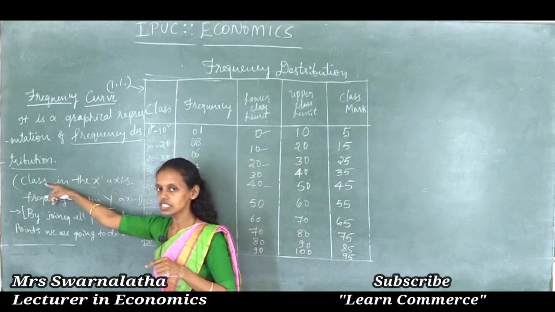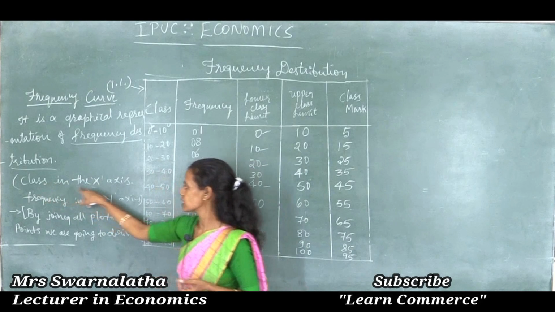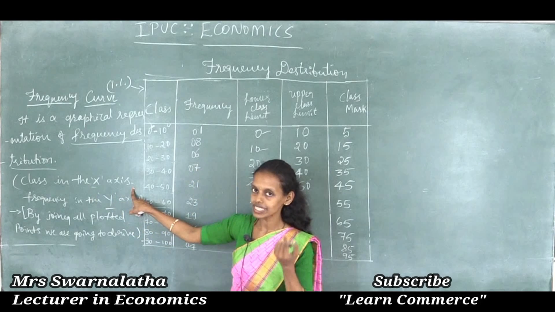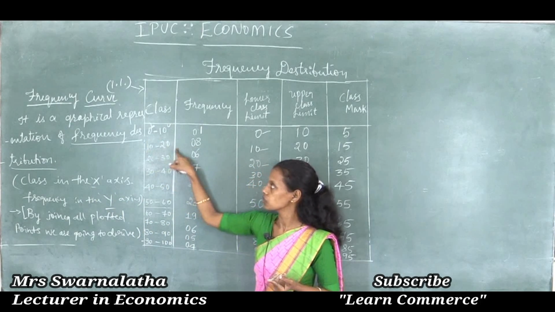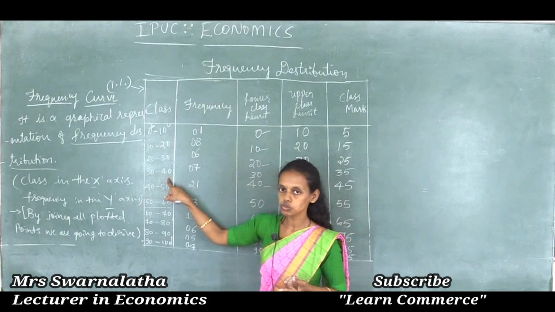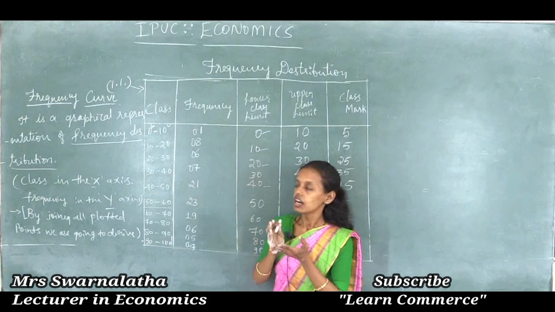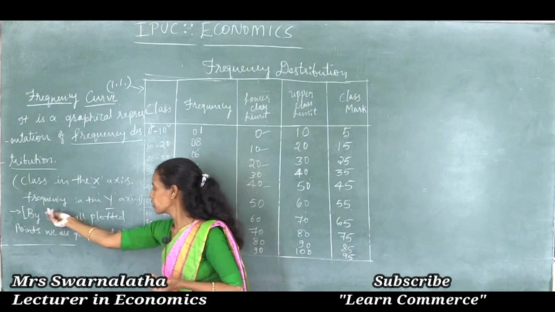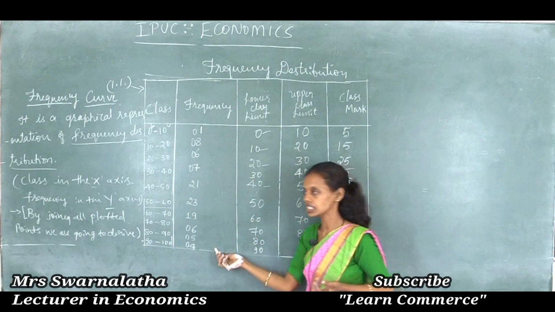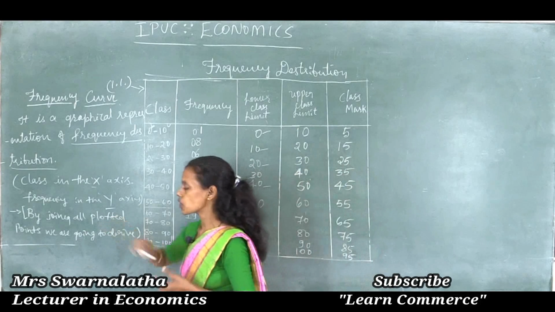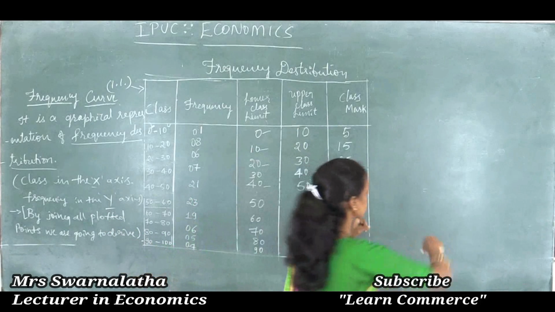In the frequency curve, as I said, we should plot the classes on the x-axis. Classes means 0 to 10, 10 to 20, 20 to 30, 30 to 40, on the x-axis, and frequency on the y-axis, the number of values occurred in the observation. After that we are going to join the plotted points.